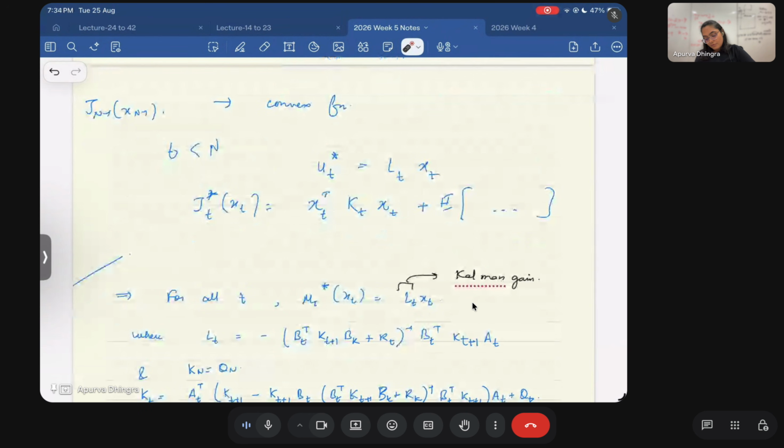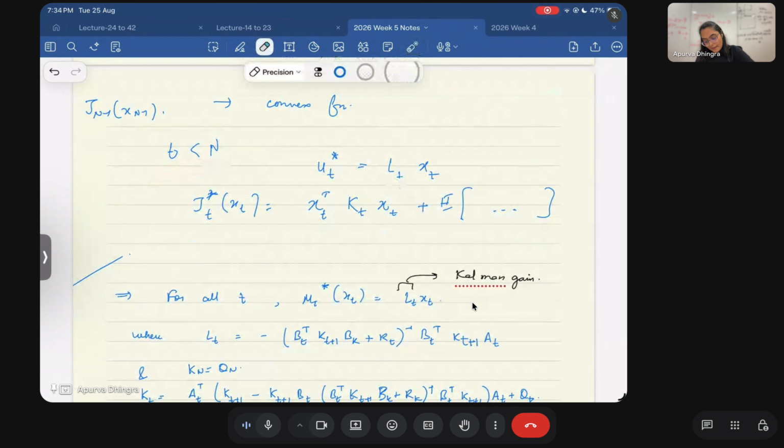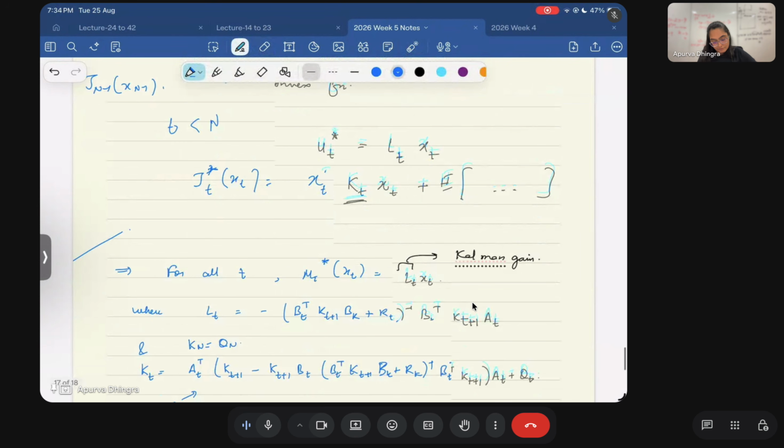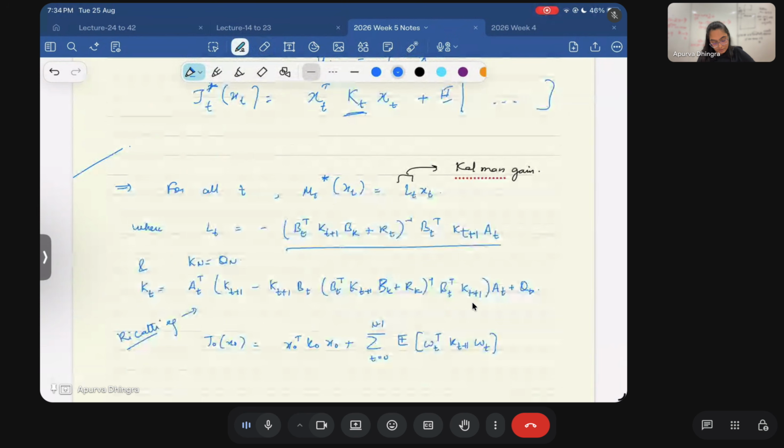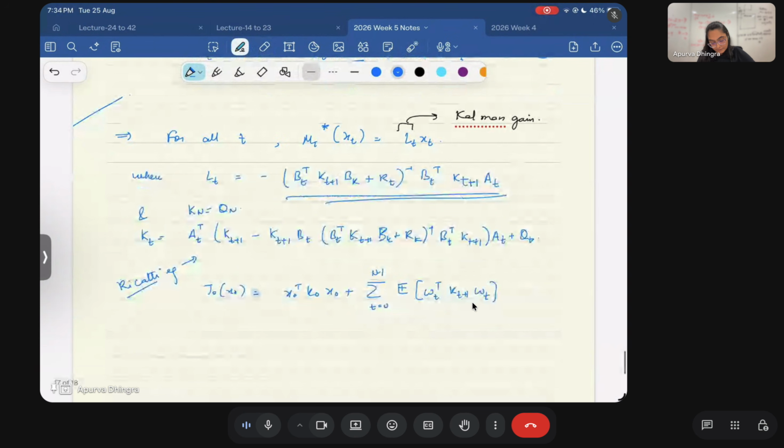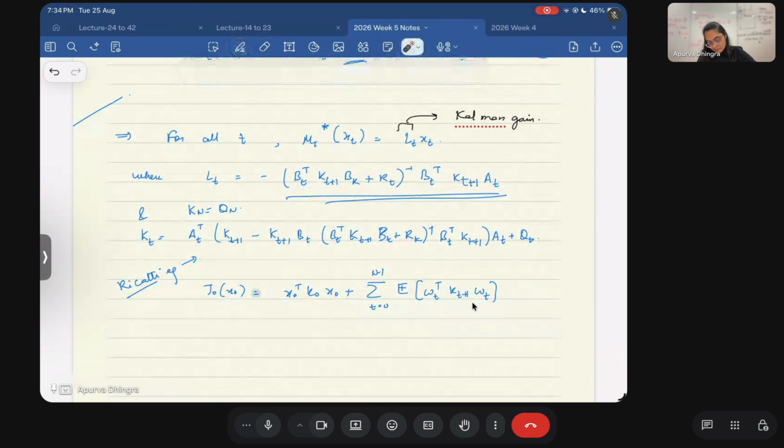If you continue for other time steps also, you will get some appropriate L, the Kalman gain, and the appropriate K's. They have a certain form. You can check that these forms are written appropriately. Then this object, the KT, is called the Riccati equation.